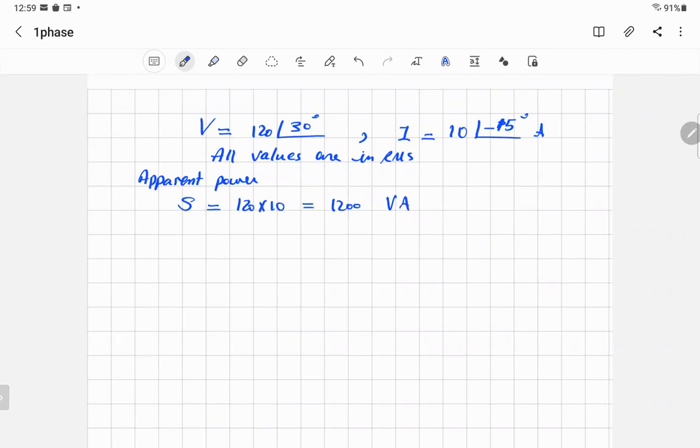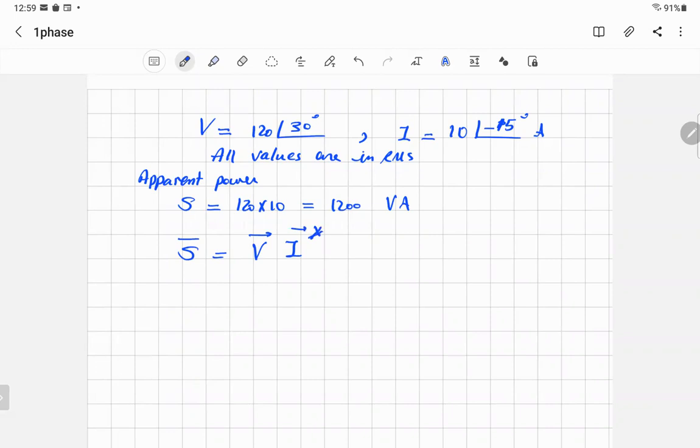If you want to find the complex power, S, I just write it like that. It will be V, magnitude and angle as a phasor, and I phasor conjugate. You have to flip the angle of the current.